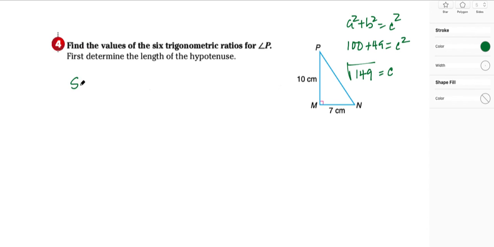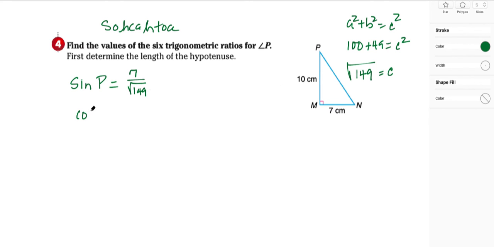So if I have to do the sine, I like to do the first 3 because I keep them in mind all the time, right? So if I know SOHCAHTOA, I can start off with that and then just do reciprocals to find the other less used 3. So the sine of angle P is going to be equal to opposite 7 over the square root of 149.